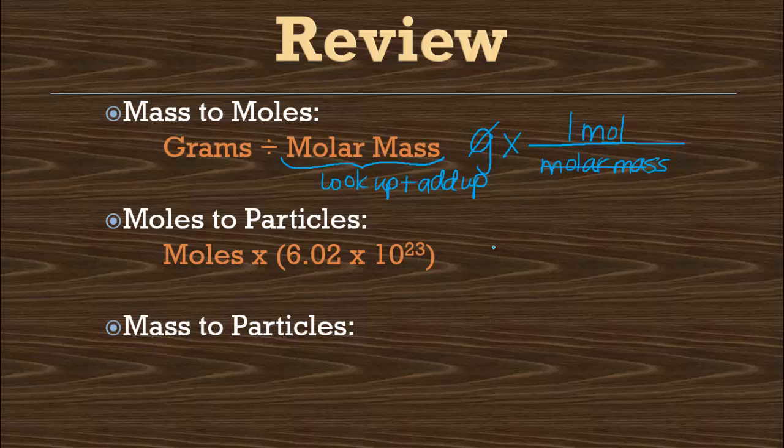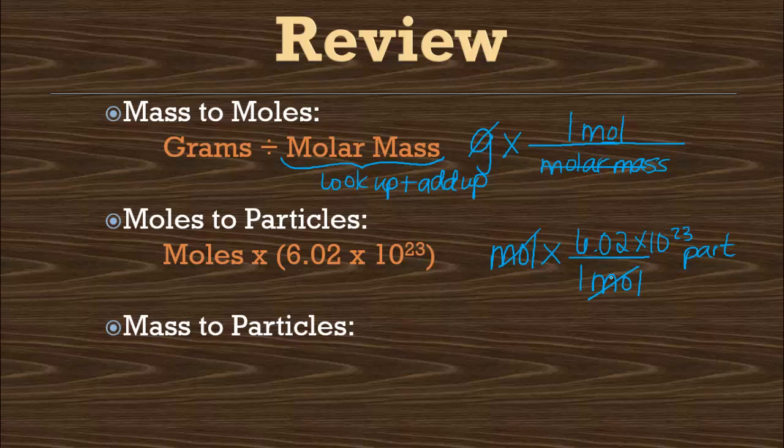And again, when we did it, it looked like moles times a line, 1 mole on bottom, and then our 6.02 times 10 to the 23rd on top. So moles would have canceled. We would have been left with particles on top.